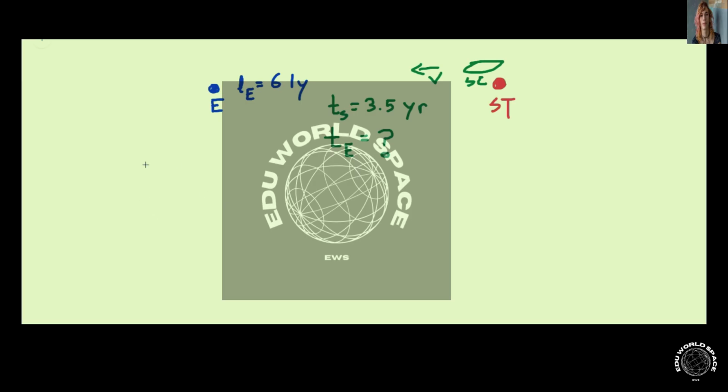So for part A, you first need the equation of time dilation in special relativity, which is 26-1a, given by this formula: TE, the time measured at Earth, equals gamma times TS, the time measured at the spacecraft.